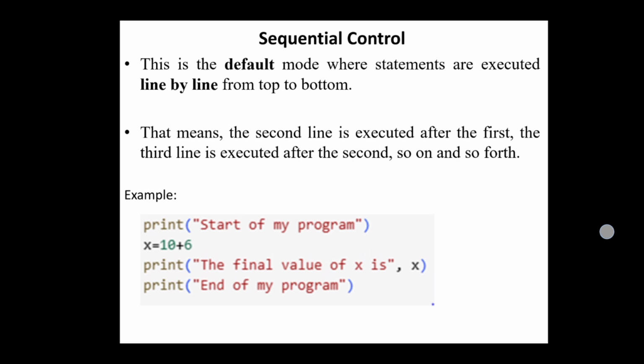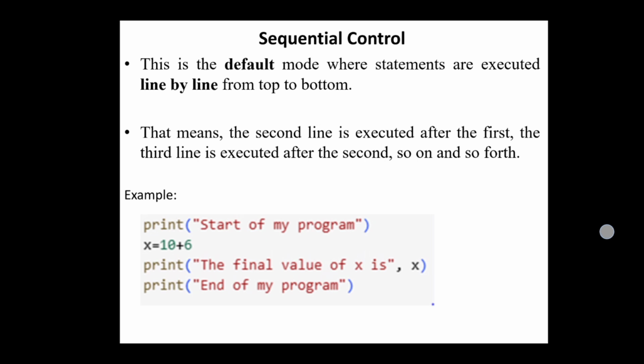Line 1: print "start of my program". Line 2: x = 10 + 6. Line 3: print "the final value of x is", x. Line 4: print "end of my program".